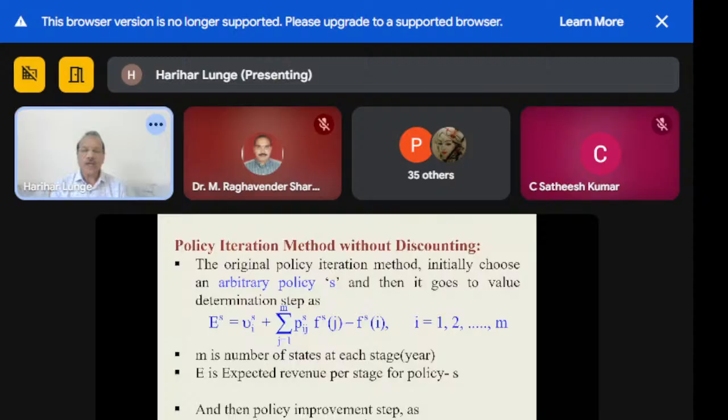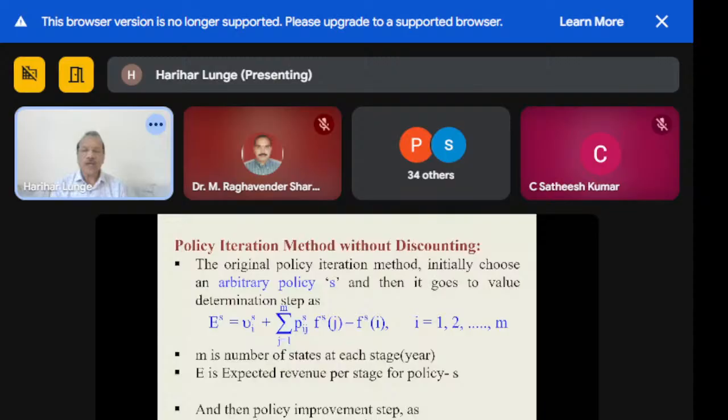When there are a large number of stationary policies in any type of problem, if we select the policy arbitrarily, then the computational work will be more and the number of iterations will also be more.